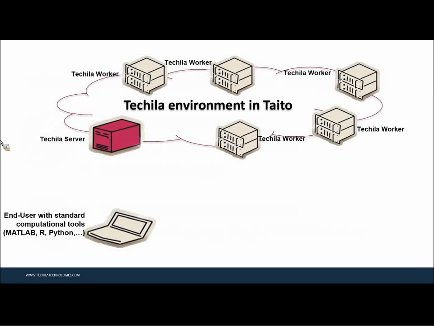And then I have an illustration on what happens when an end user uses the Techila environment to process computational workload. So this is the same situation when I ran the demo, and now I just have a small animation that explains what happened during the project.